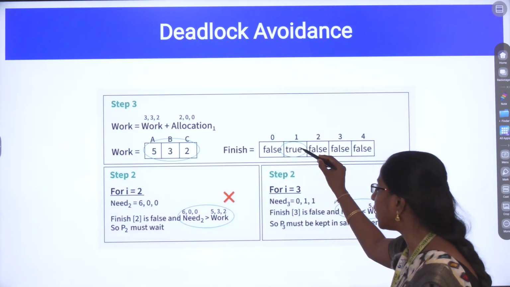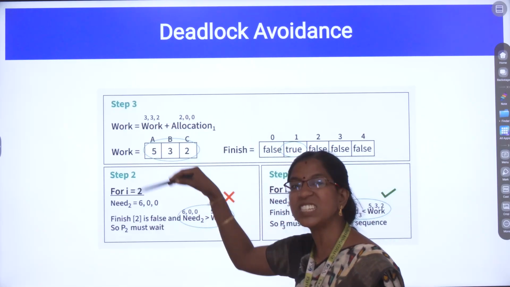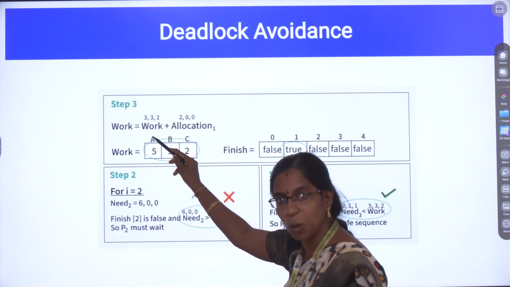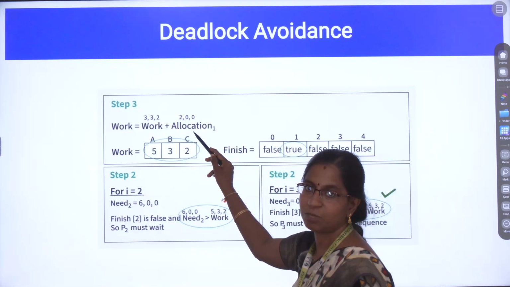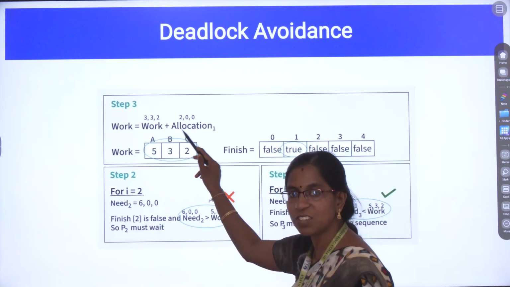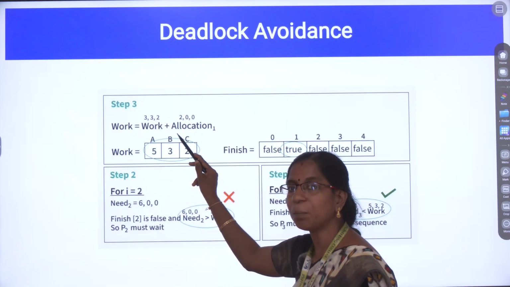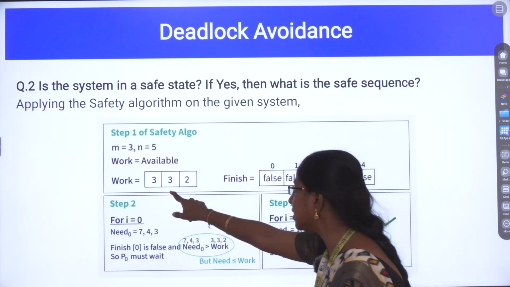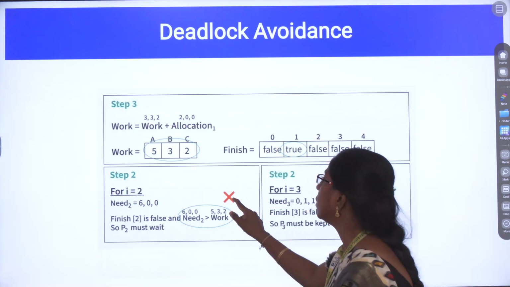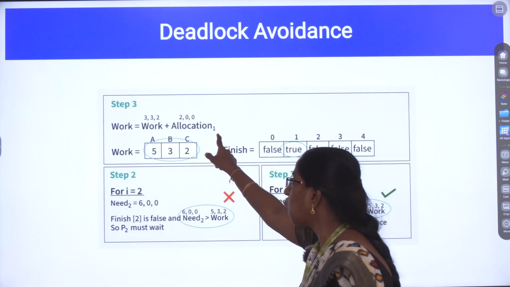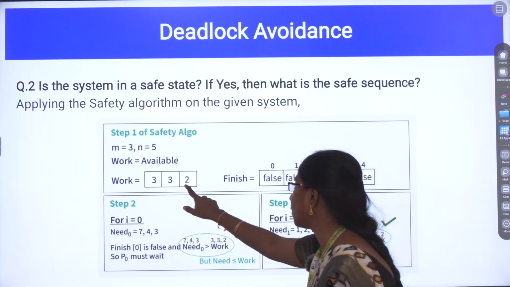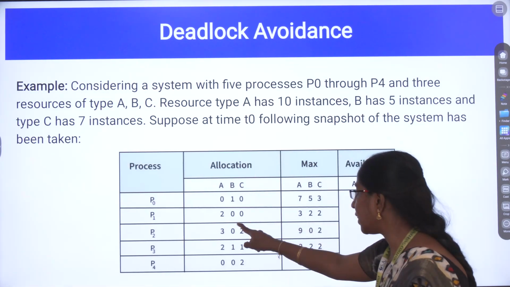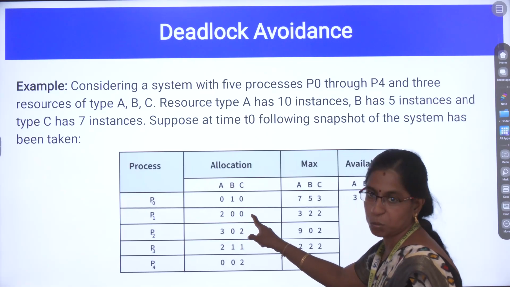Since it is true, work should be changed. We change the formula of work as work plus allocation. Already we initialized work as 3 3 2, and the allocation of process P1 is 2 0 0.